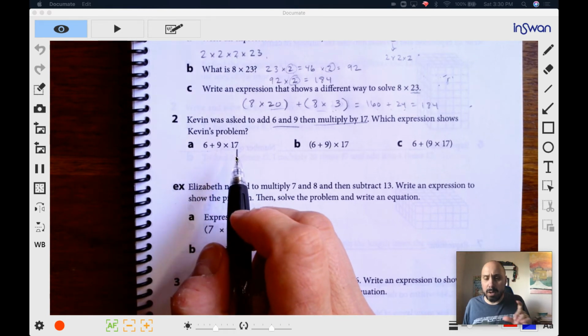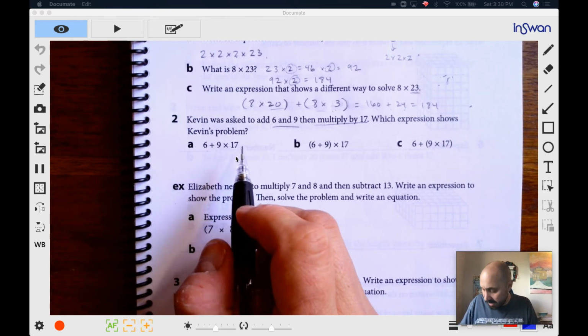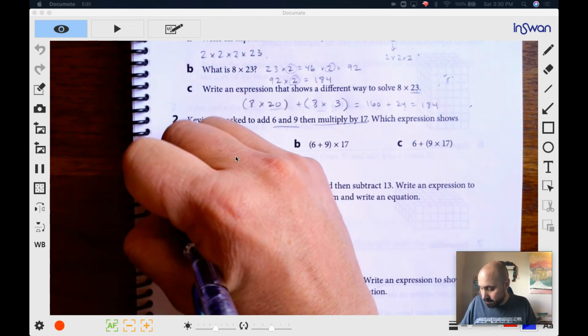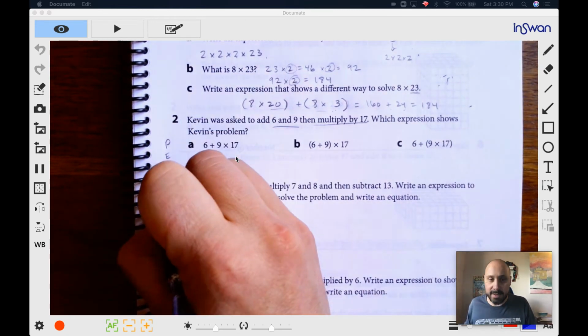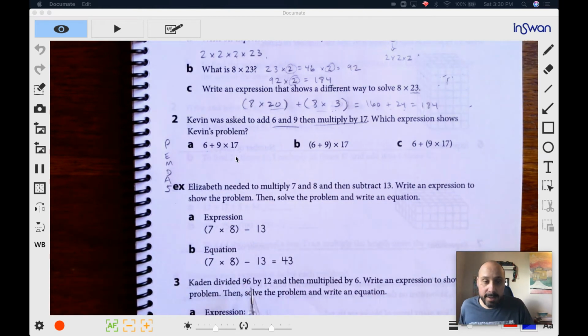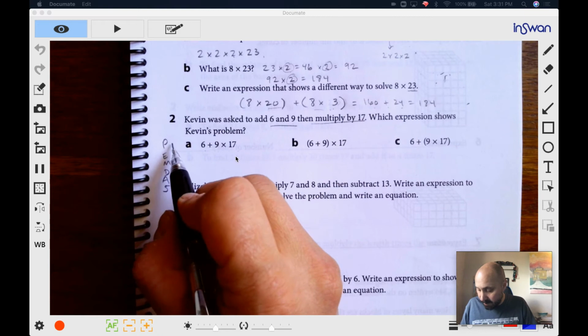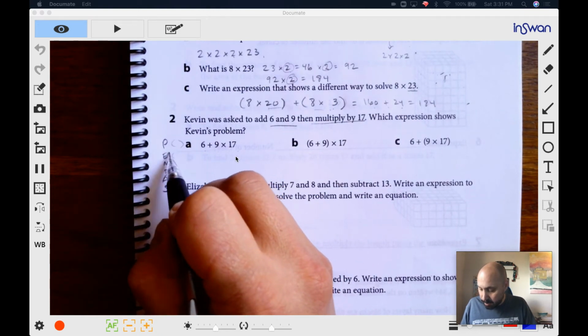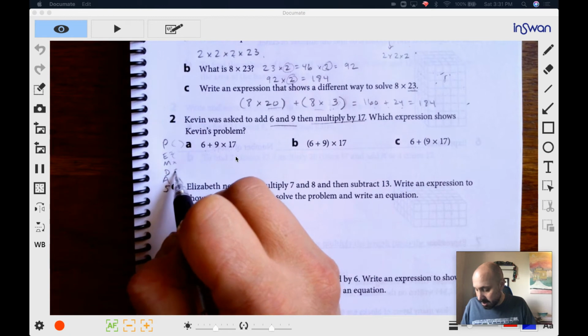But we haven't really talked about order of operations and PEMDAS yet too much. You might have heard about PEMDAS in fourth grade, but this is the order of operations, which means you do everything in the parentheses first, and then exponents, multiplication, division, addition, and subtraction.